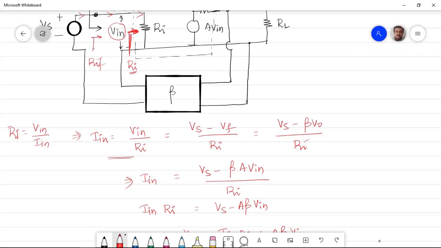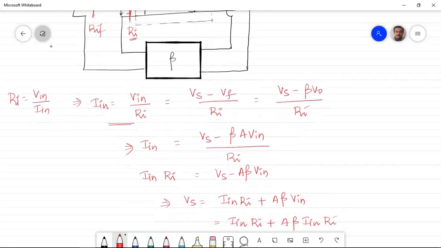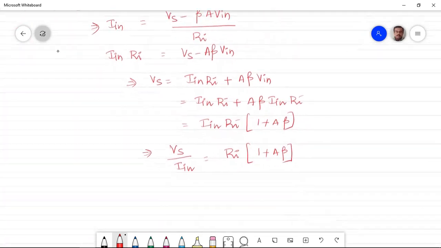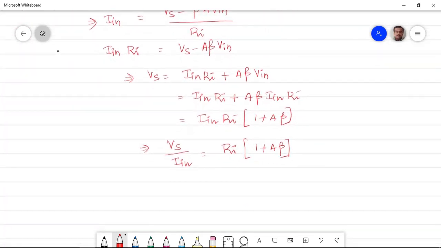But if I stand slightly behind and see, which also includes the feedback, what will be the resistance or impedance offered by the network? It will be Vs divided by In, because the source voltage now comes into picture. So including the source, if you try to see what resistance is offered, what you will observe is this equation. What is written here is basically Rif, which is equal to Ri into 1 plus A beta.